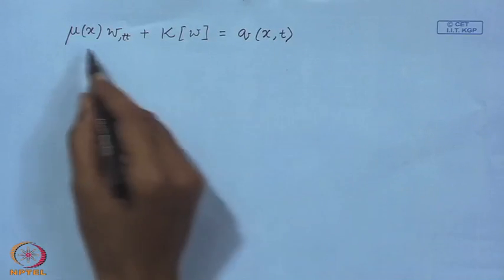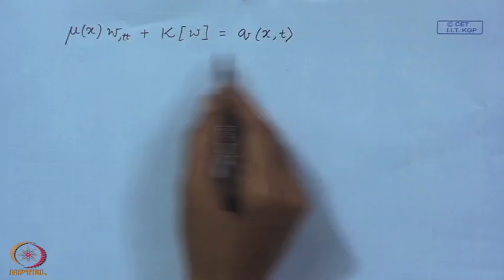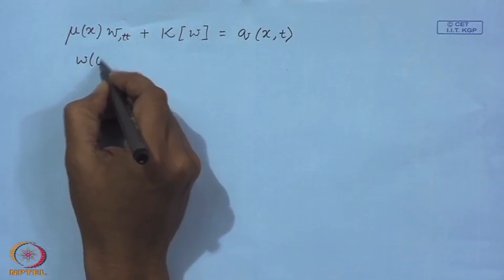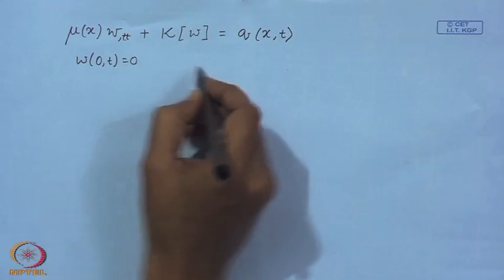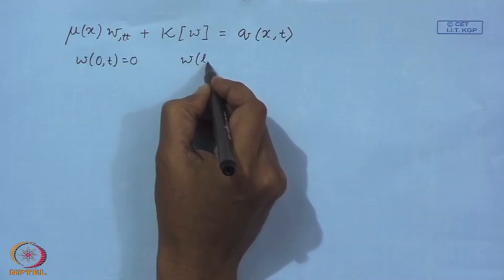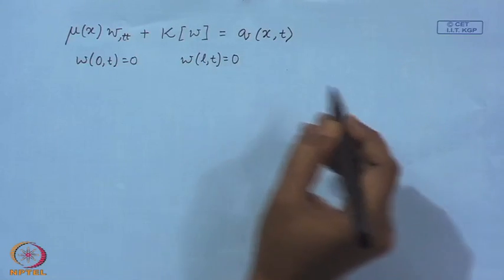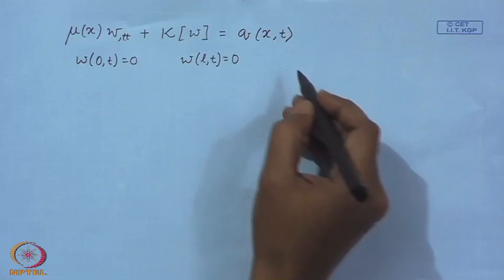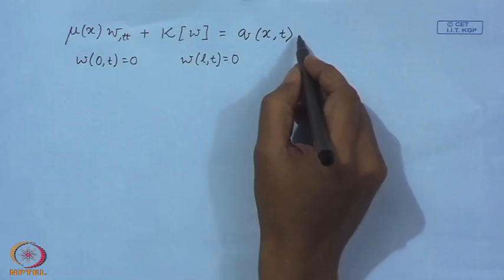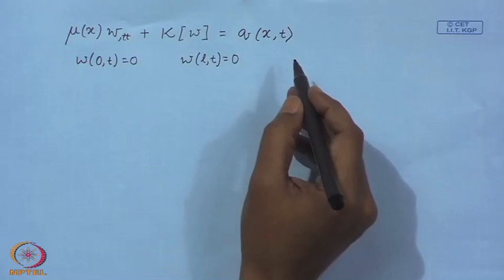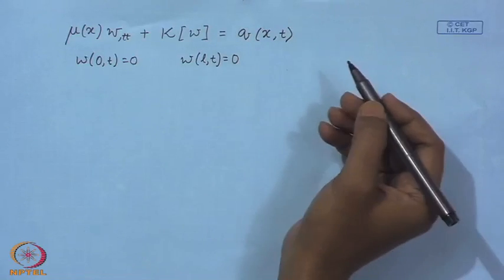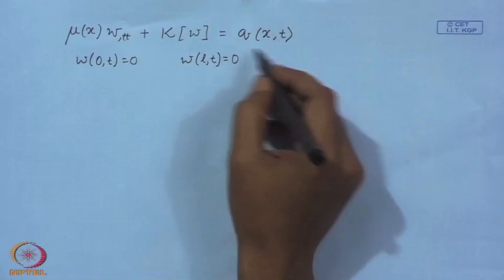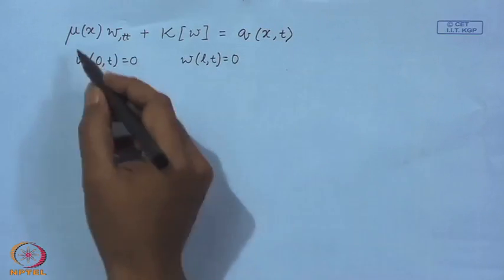We have the differential equation of motion with, of course, certain boundary conditions. So, this q(x, t) is a general form of the force which we are now considering.